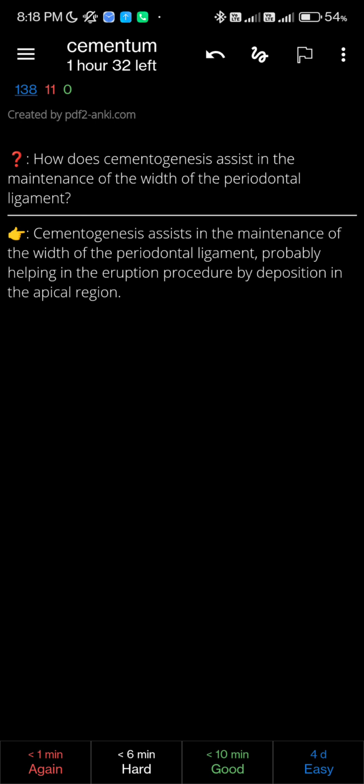Cementogenesis assists in maintenance of width of the periodontal ligament, probably helping in the eruption procedure by depositing in the apical region.